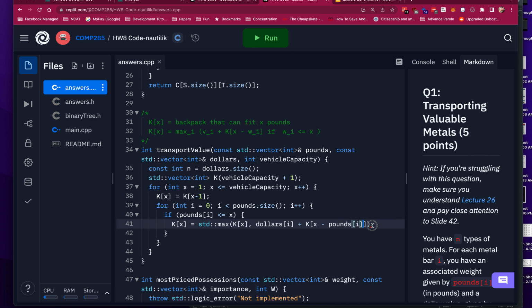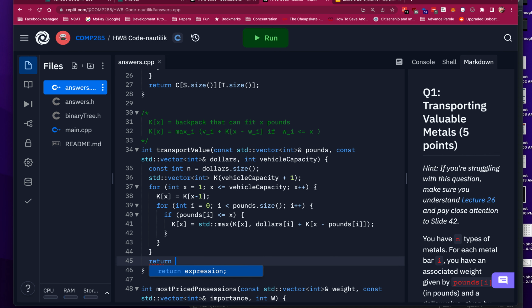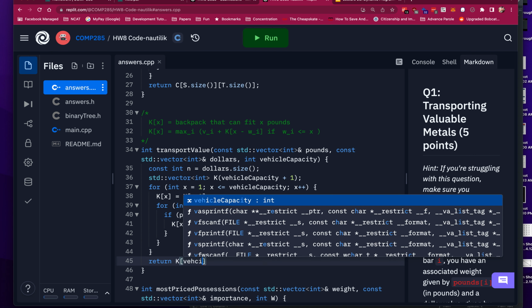How much can I fit into the smaller backpack? But that's only if I can fit the item, right? If I can't fit the item, then I don't do this. And then I do this for every single item. Then I try the next weight, the next weight, the next weight, and you repeat this a bunch of times, right? And then at the end, you're just going to return k of vehicle capacity.